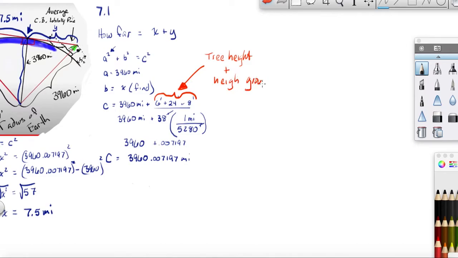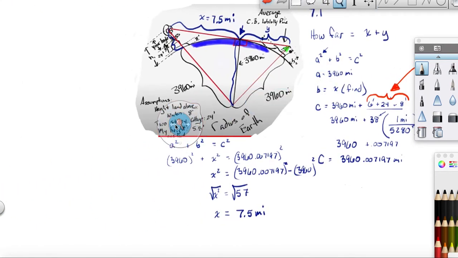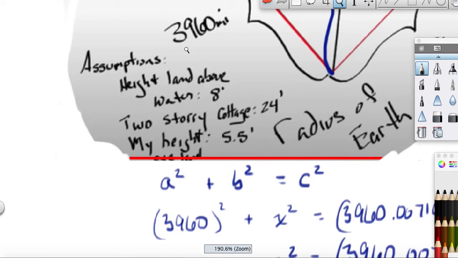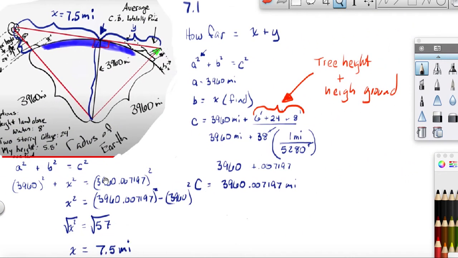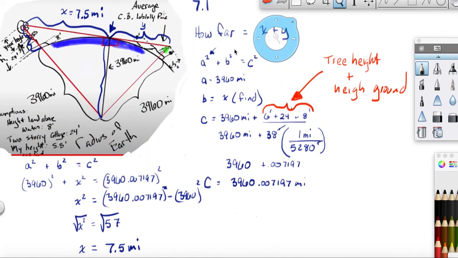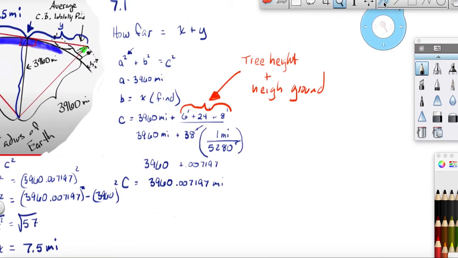So the tree height, we said loblolly pine is between 70 and 90, I think. I got that somewhere. You can look at the video. It's between 70 and 90, and the ground height is 8. So if we say it's 80 feet and 8 feet, that's about 88 feet.